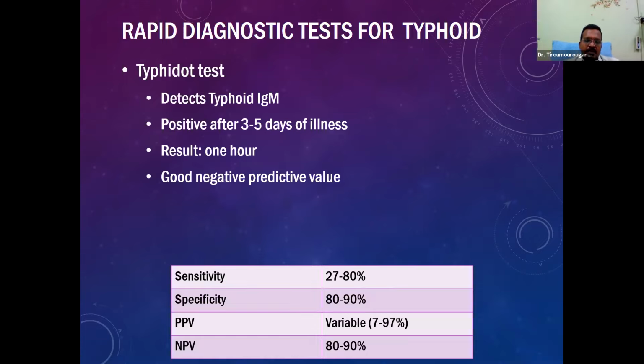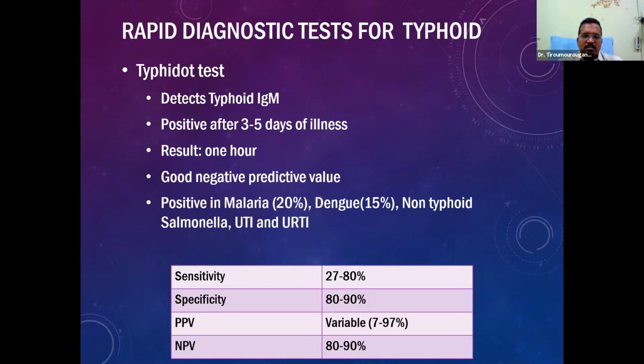Of course, if it comes back positive, it kind of confirms what we already thought, that this is typhoid. So it's not a great test when we are looking for proving the diagnosis. But if it comes positive, we can reassure ourselves and say, yes, fine, I'm on the right track.